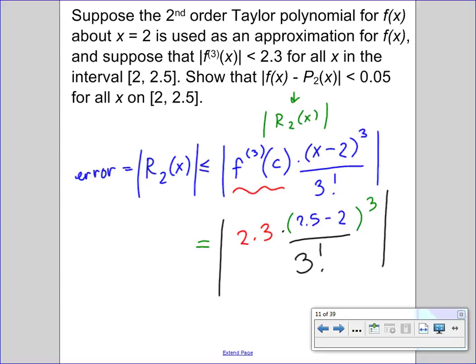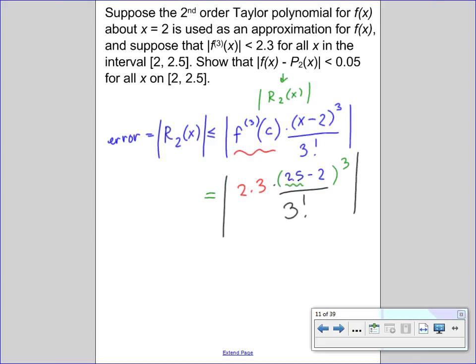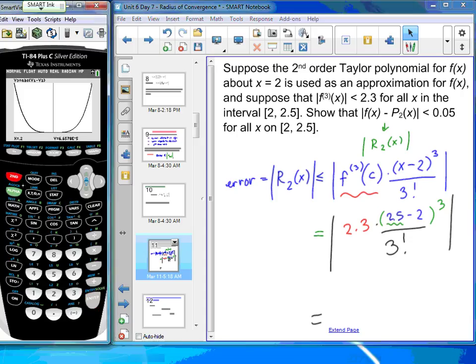We picked that on our own through inspection. But now we're guaranteed to be less than this, so it looks like we can now just compute it. Can I put it all in at once? I'm going to try. So it looks like 2.3, and that would be 0.5, and divided by 3 factorial.